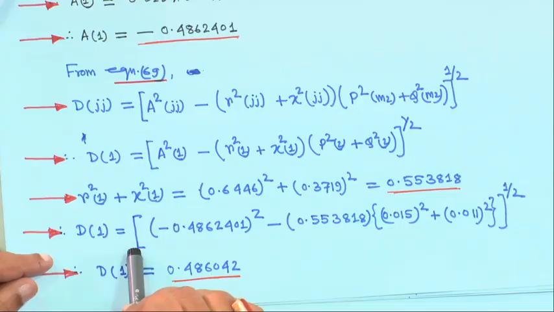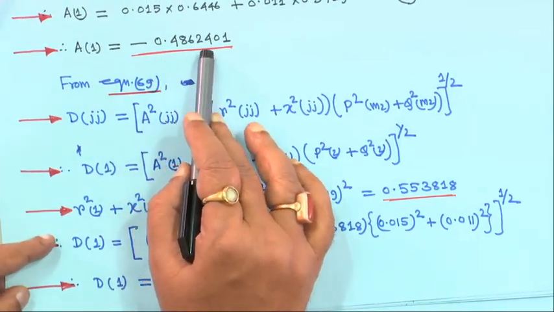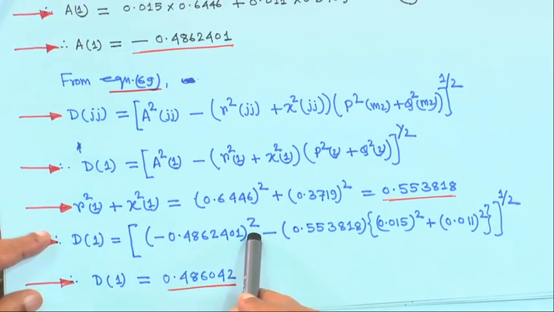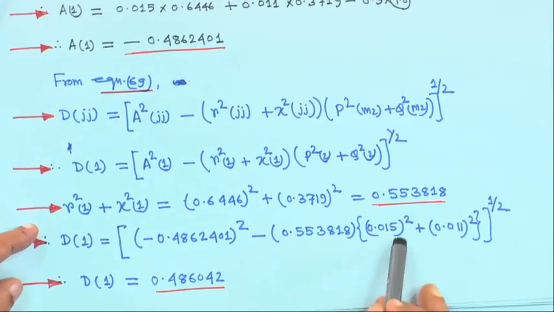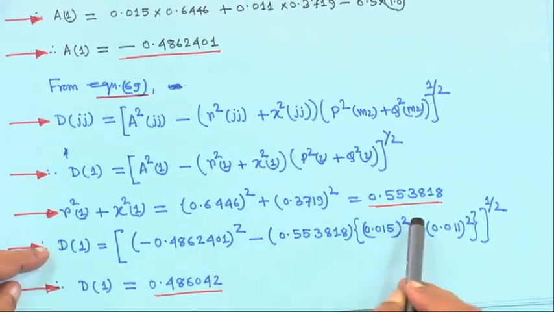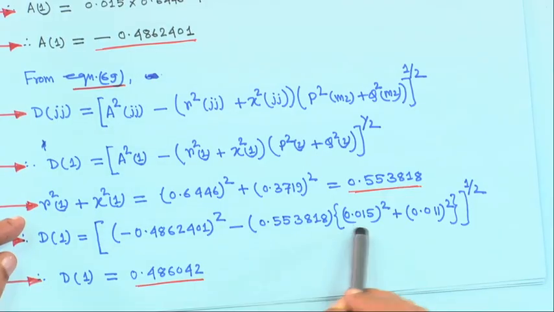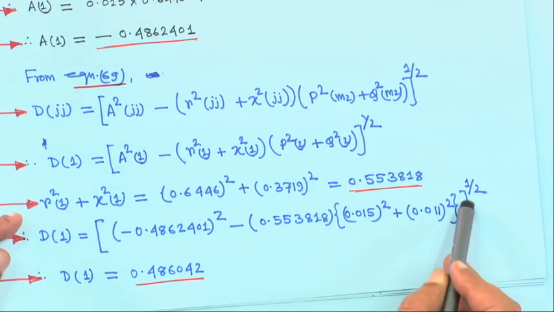Then D1 is equal to, we have calculated just now A1 as minus 0.4862401. So, it is minus 0.4862401 whole square, right, because it is square, minus R1 square plus X1 square, which we have made 0.553818. So, substitute here, and then it is P2 square, 0.015 square plus 0.011 square, to the power half.